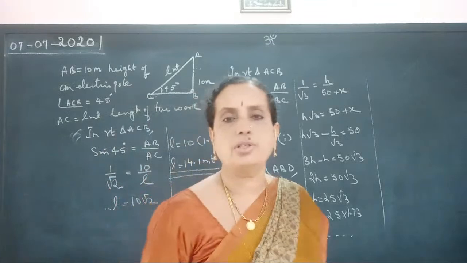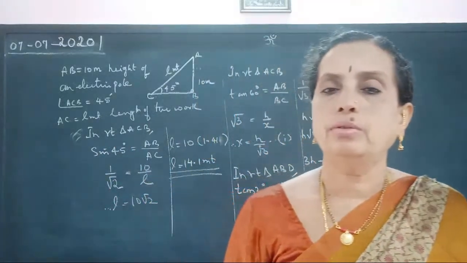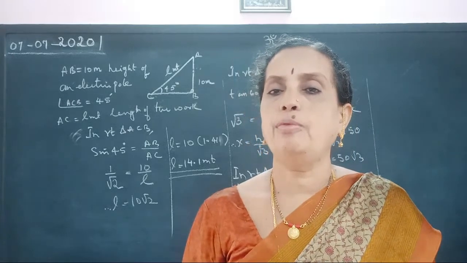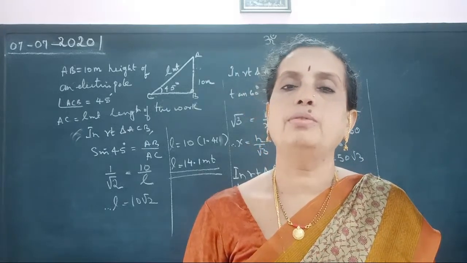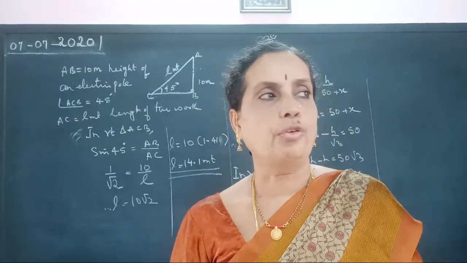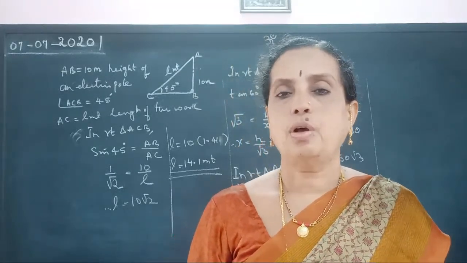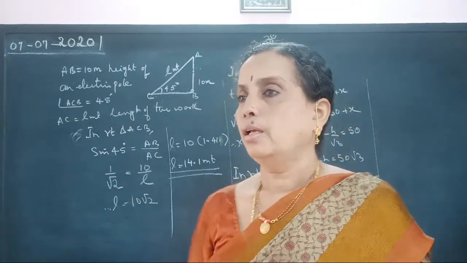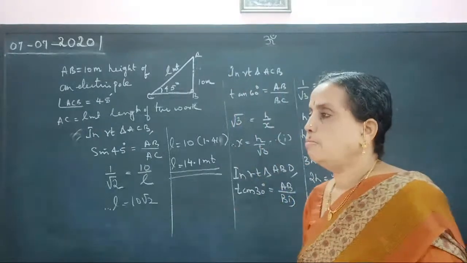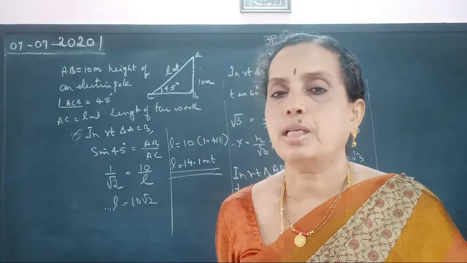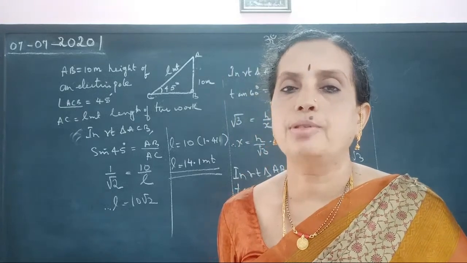Sometimes they will mention the root value, otherwise we have to get a minimum root 3 value, root 5 value. These are all possible root. I will get it in the solving of heights and distance problem. So then conclude 14.1 meter equals length of the wire. This type of question you will get it as an MCQ.